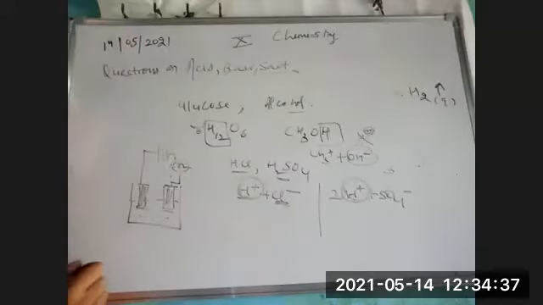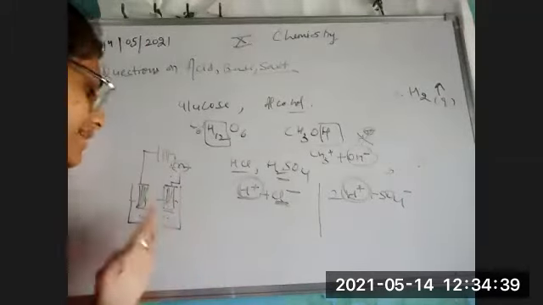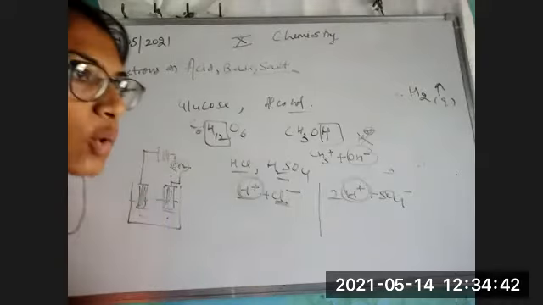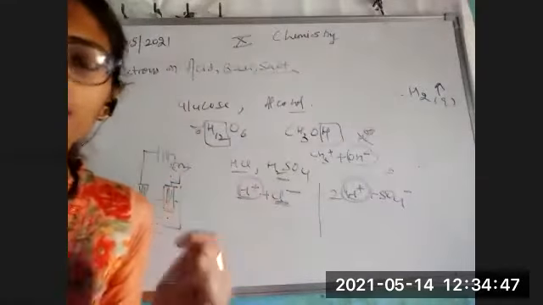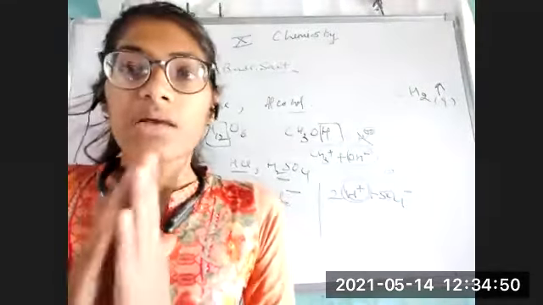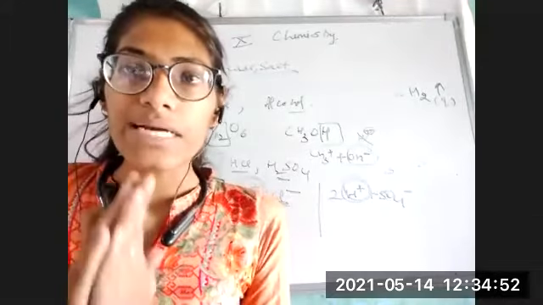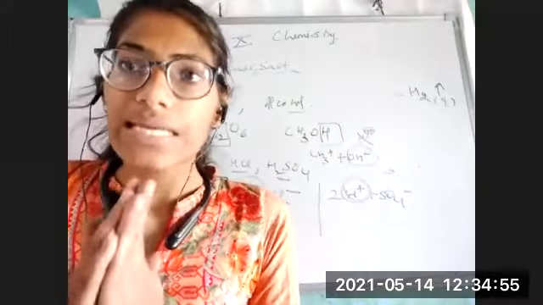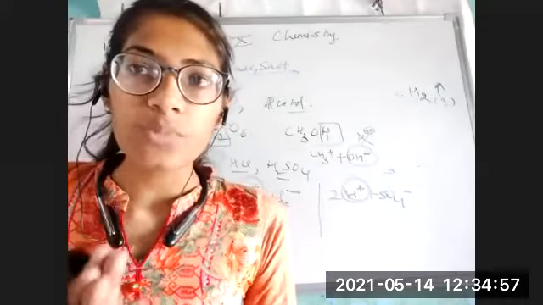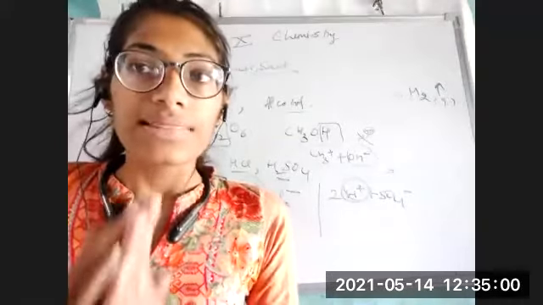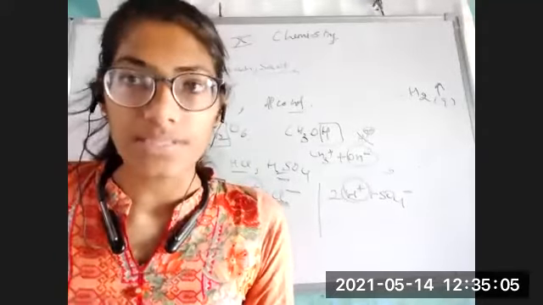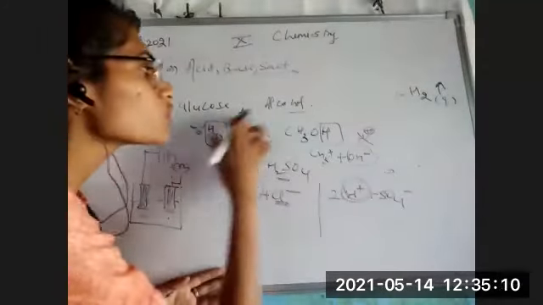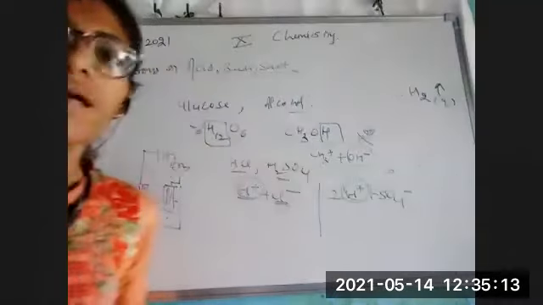So what happens, whenever we dissolve our acid in it, the bulb would glow, but if we take glucose and alcohol, the bulb would not glow. This is the activity which proves that glucose and alcohol do not conduct electricity because they do not contain H positive. And because H positive ions do not dissociate inside them, we can very well say that these are not acidic. Okay, so this particular activity explains to us that glucose and alcohol are not acidic in nature.